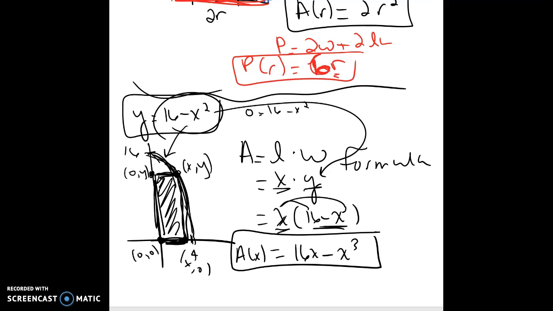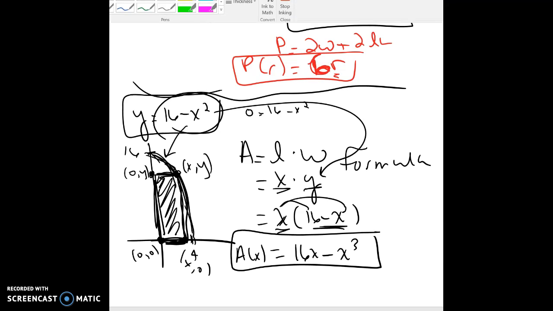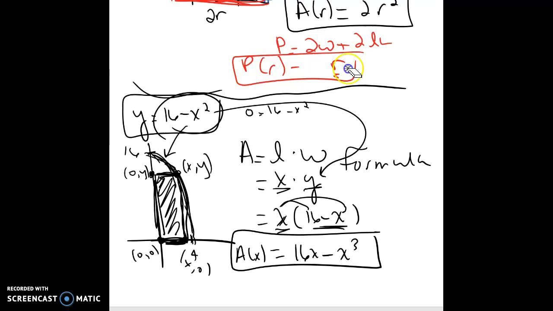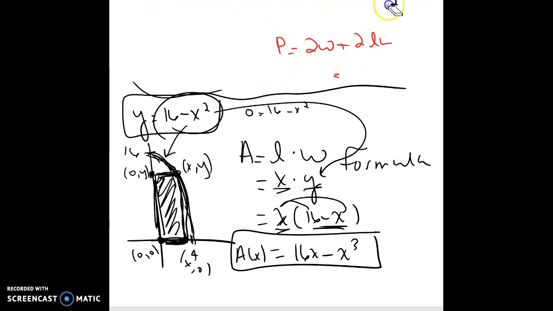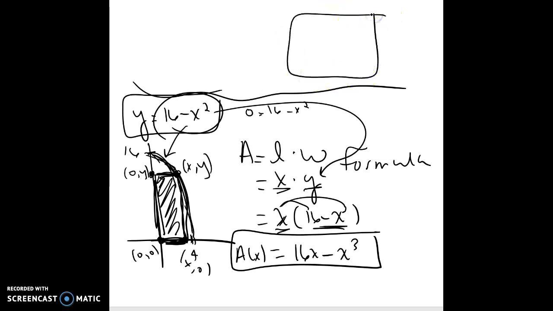So let me erase this up here so I have a little more space. All right, so you're going to graph this function. And again, it might have several curves, but you're going to set your window so it makes sense. So 0 to 4 for the width was our input.